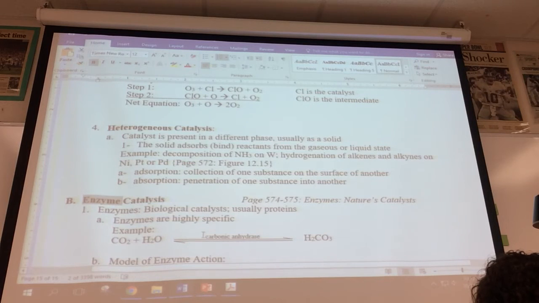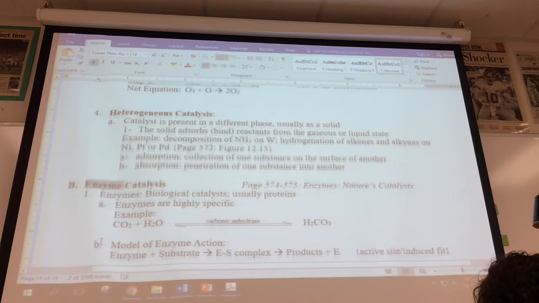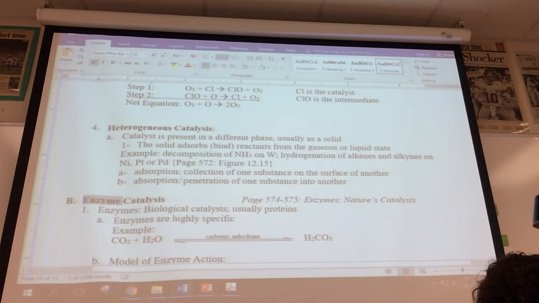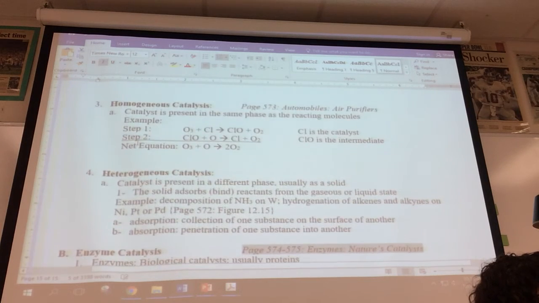For example, carbonic anhydrase is an enzyme that increases the rate of the reaction to make carbonic acid from carbon dioxide and water. For those of you interested in biochem, you'll do a lot with enzyme substrate complexes. Enzymes typically configure reactants such that they can be positioned correctly. And for those of you who are interested in your textbook, this is a good read.